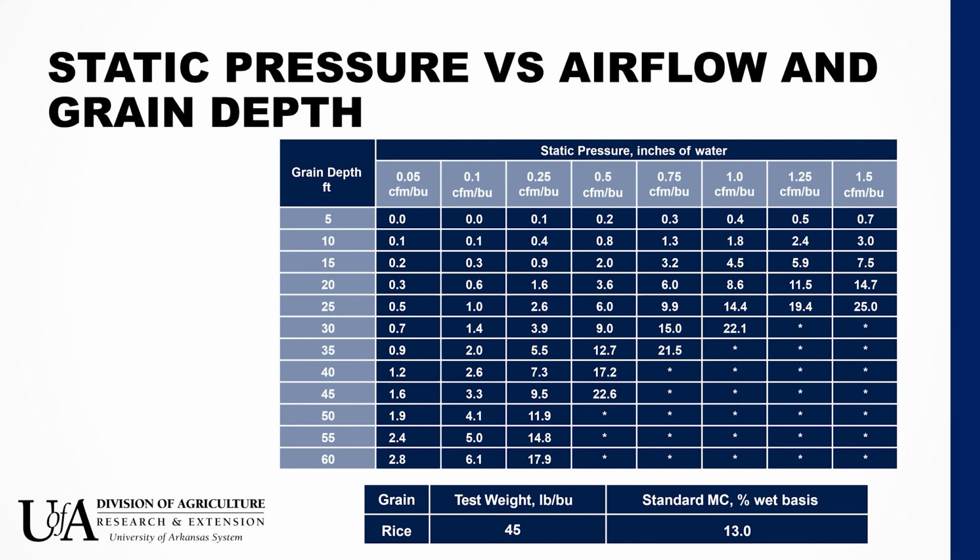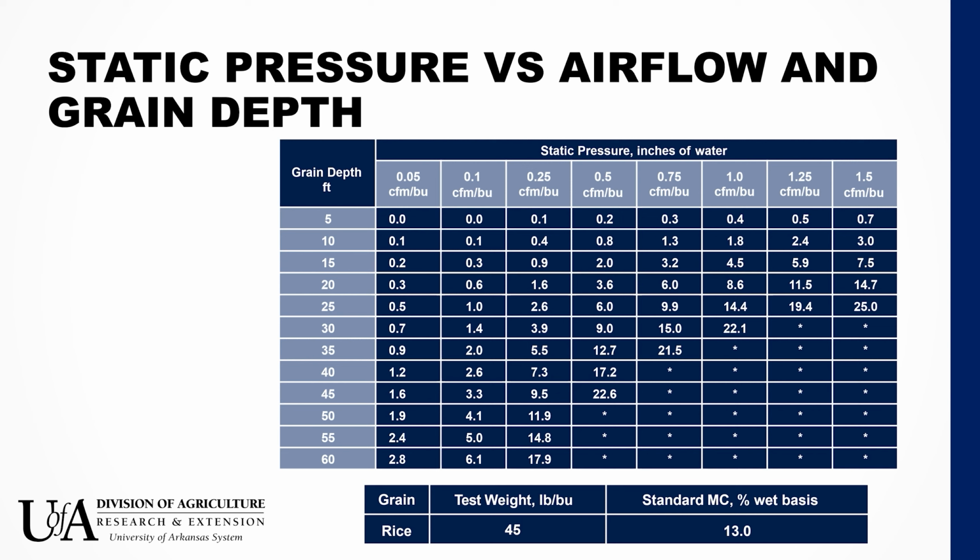And again, just like we discussed in the previous slides, that's because the path of travel is longer and there's more resistance that air has to overcome, and so that static pressure increases. Now, at a fixed depth, as you increase the airflow, you'd also see an increase in the static pressure. And again, that's because of increased turbulence within that grain bin that causes more friction, which results in an increase in the static pressure.